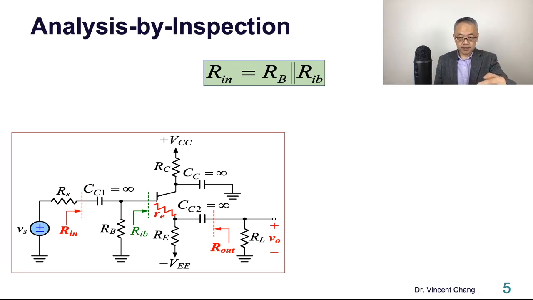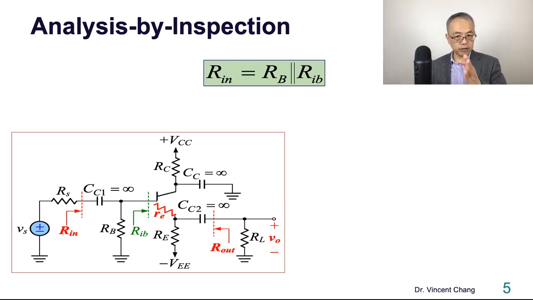The crucial component in the T model is the little re. What does re stand for? The resistance between base and emitter looking into the emitter.